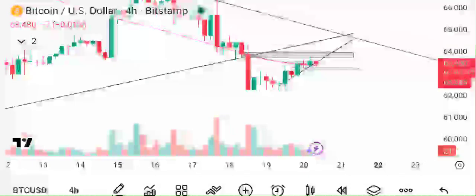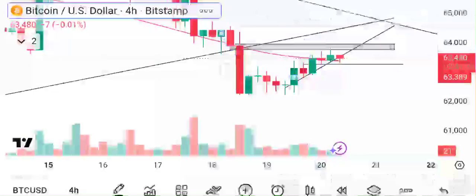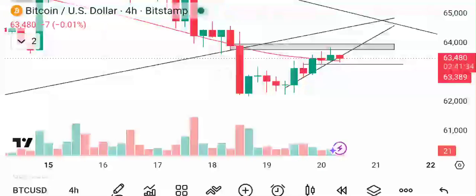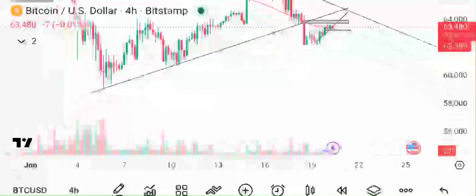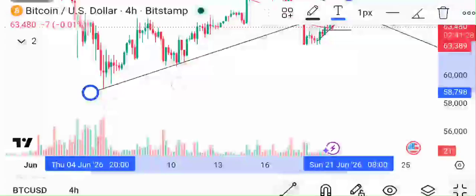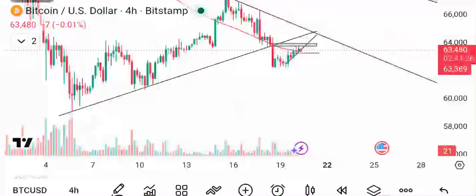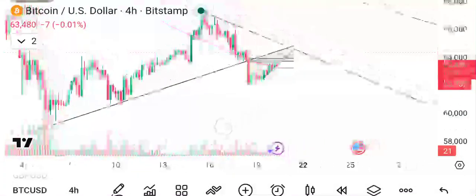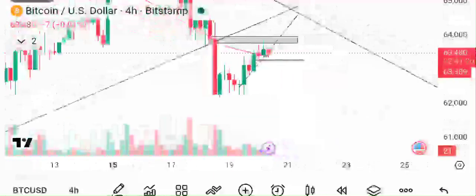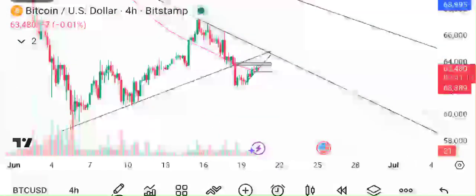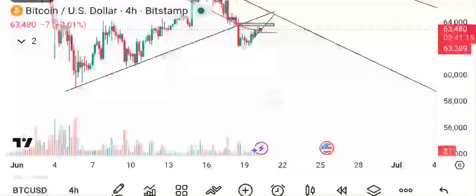As you can see, this particular candle here is a very massive bearish candle breaking out of this support line, which has been respected on several occasions. It was respected here, and here it was invalidated with a massive bearish candle, indicating that price is more likely to continue dropping.